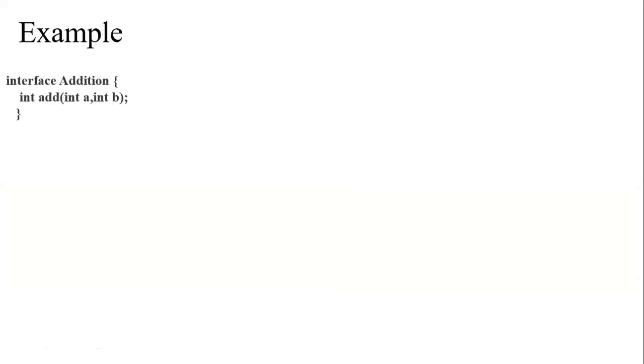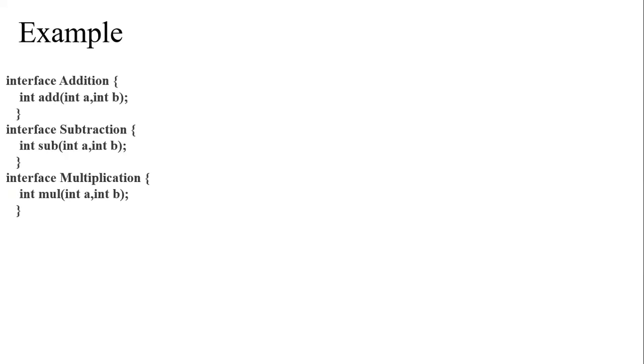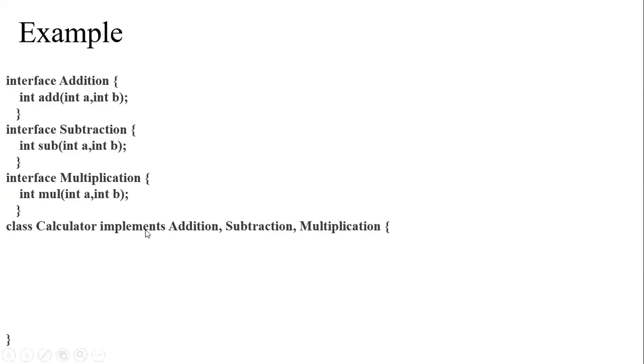Now, interface addition, interface subtraction, two interfaces. I have already shown you one example on multiple interfaces. Here you have one more example on multiple interfaces, right? You have one more interface called multiplication. All these three are different interfaces which will have different methods. Now you will have one class which implements addition, subtraction, multiplication.